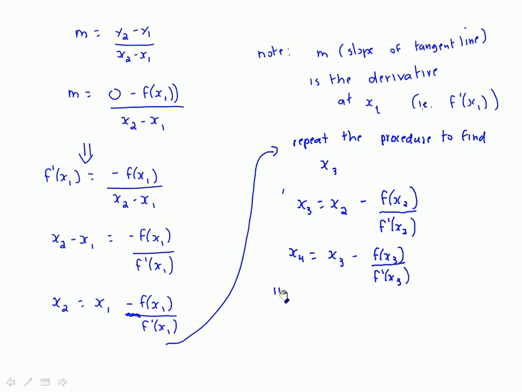And in general, this is the method. xn plus 1, this approximation, is equal to xn, which just means the x value before, minus f at xn divided by f prime at xn.